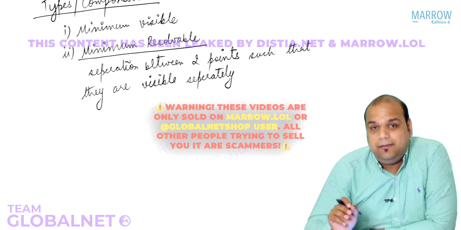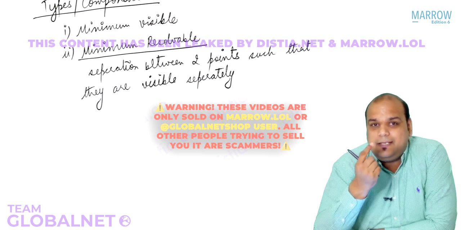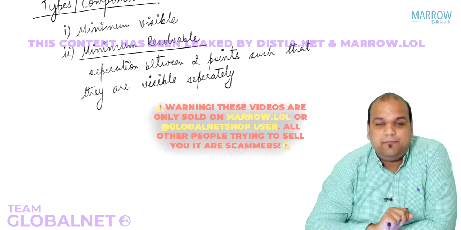I hope I'm crystal clear. If 2 points are too close to each other, they will superimpose and it will be visible only as a single point. So what is the minimum resolution by which you will be able to discern 2 points away from each other?